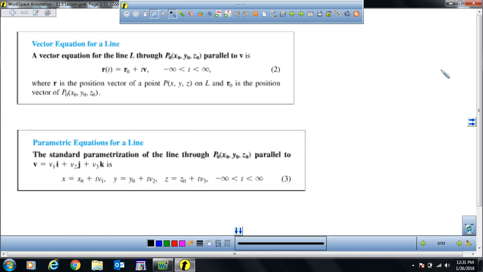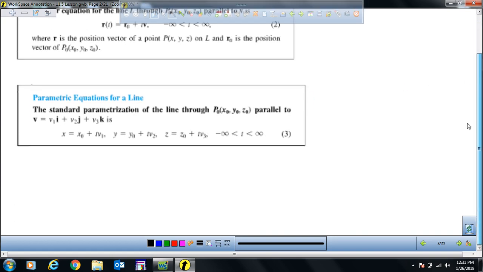We can also parameterize a vector. We can write parametric equations that give us all the different points that belong to this vector v as we increase or decrease the value of t, which is called a parameter.